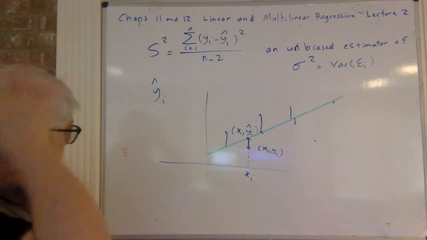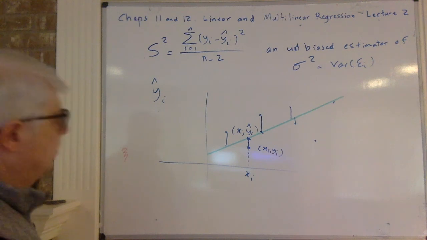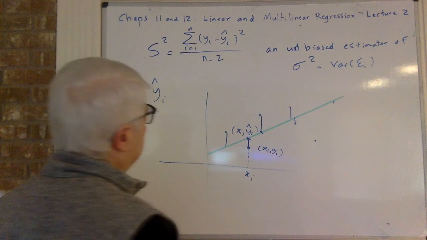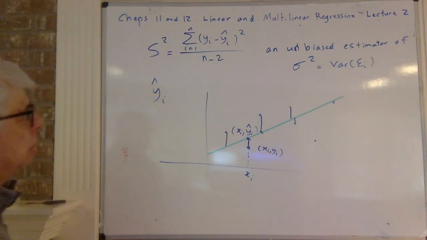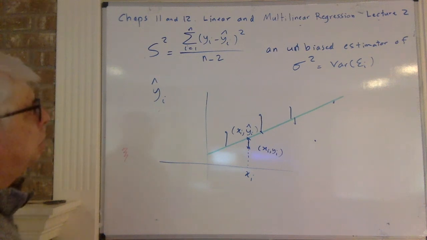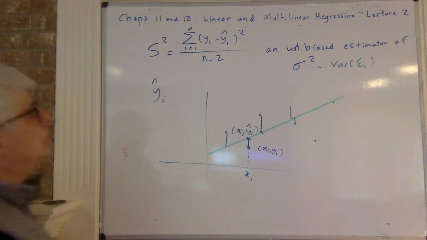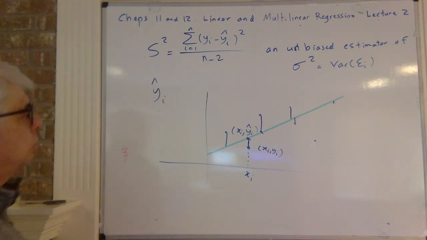It's like those are two points in n-dimensional space, and you're finding the distance between them. One of them has coordinates y1 up to yn, the other one is y hat 1 up to y hat n. You find the distance, square it, and divide by n minus 2.